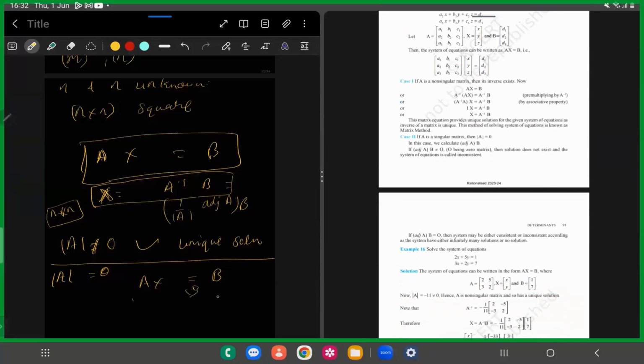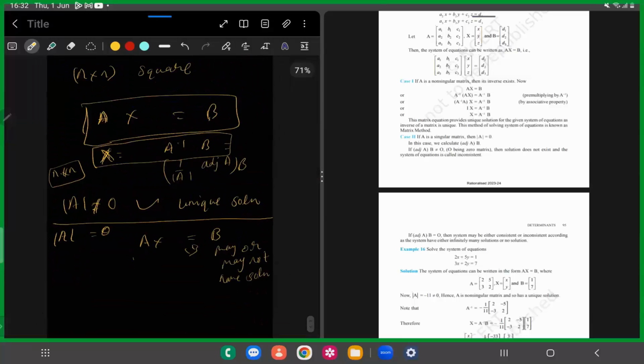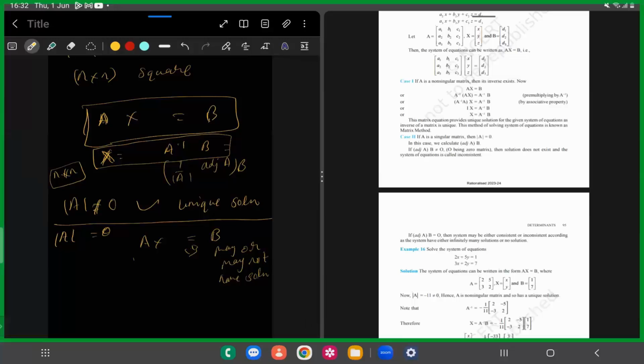For the condition to exist, let's say our determinant is 0, and our adjoint of A is also equal to 0. In that case we can say that a solution will exist and there will be infinitely many solutions.